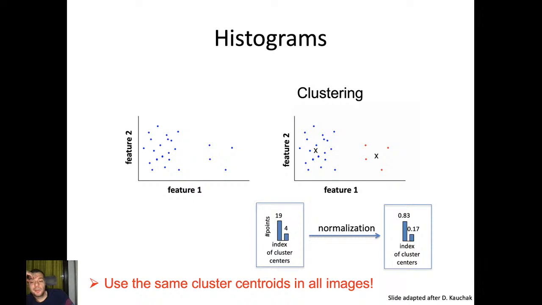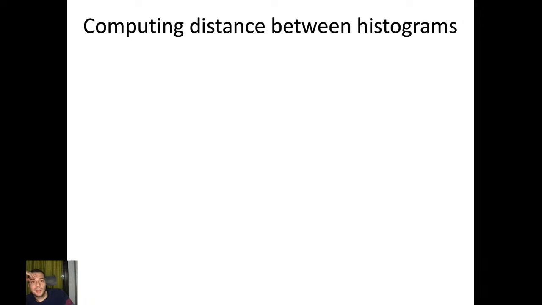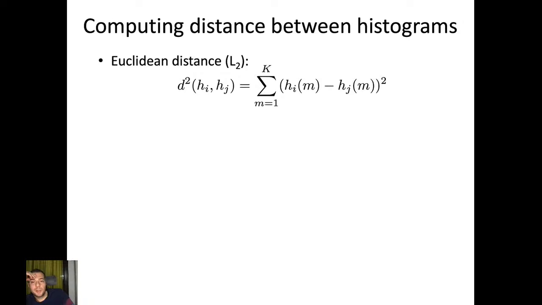The important thing is that we use the same cluster centroids in all images. And then after we obtain histograms, we can apply, for example, nearest neighbor models, or we can use distances between histograms that can be transformed into kernel matrices, and then we can apply kernel classifiers on top of them.